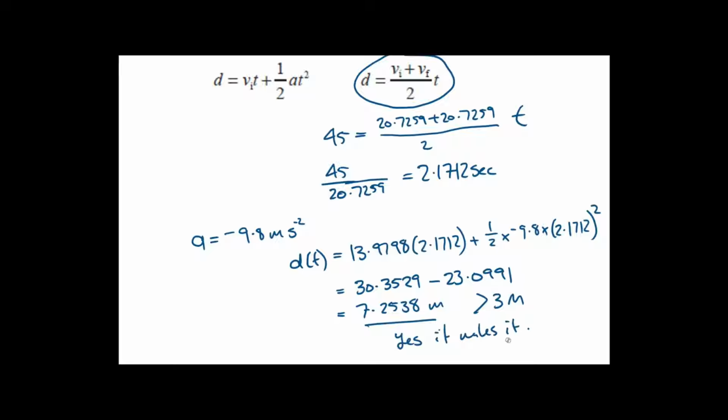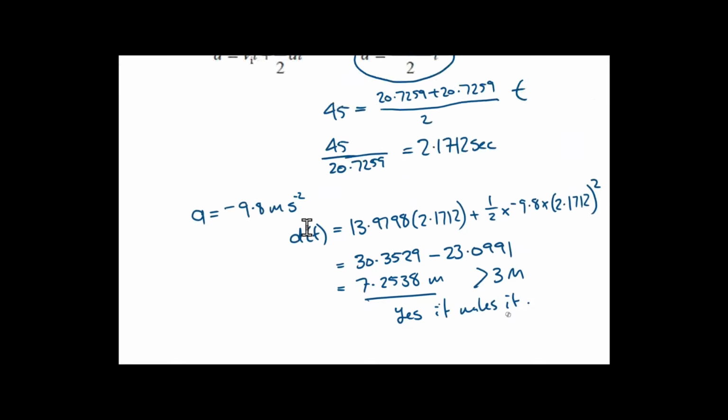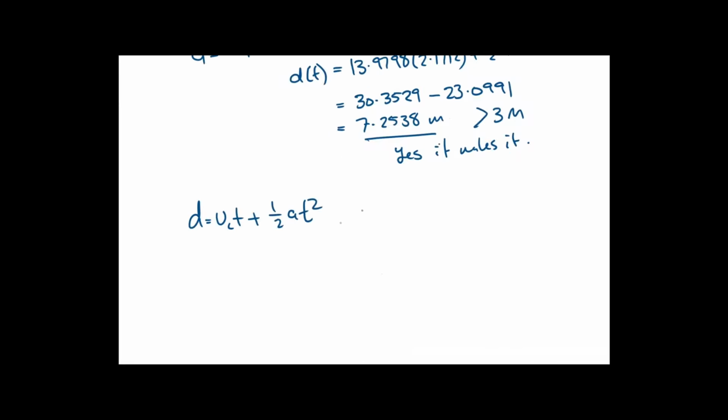Now, we need to prove that it didn't hit the ground first, don't we? So for this, let's go back to this equation here and see if we can find where this equals 0, and that will tell us the first time it will hit the ground. So D is VIT plus half AT squared. And the initial velocity, VI, is 13.9798.